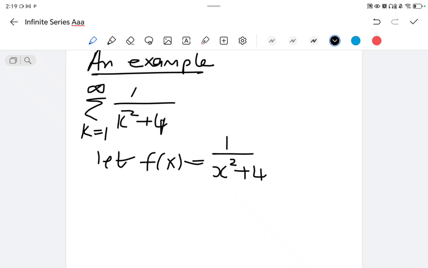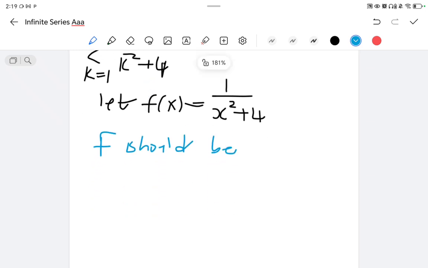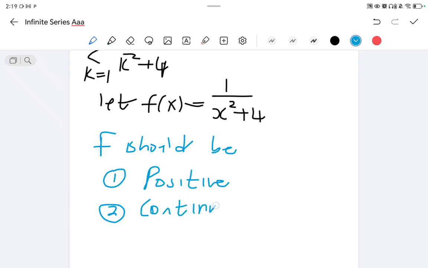When I let this, I should be sure that f should be, 1, positive, and we are certain that f is positive. 2, continuous, and 3, f should be decreasing.